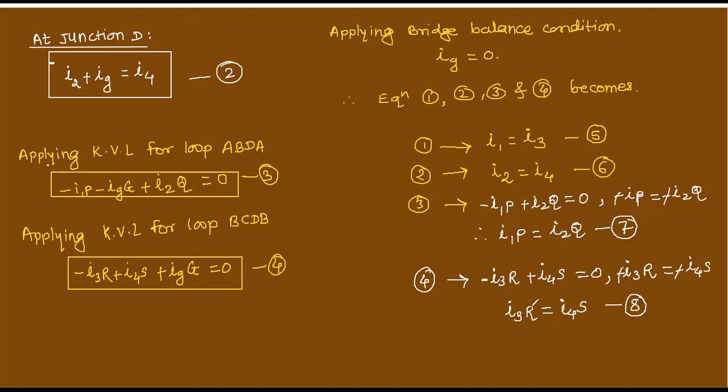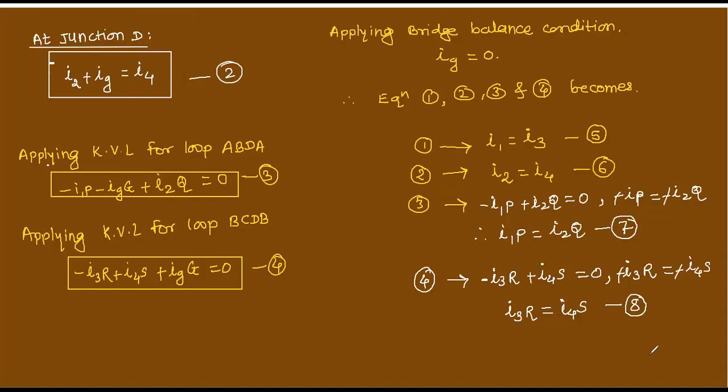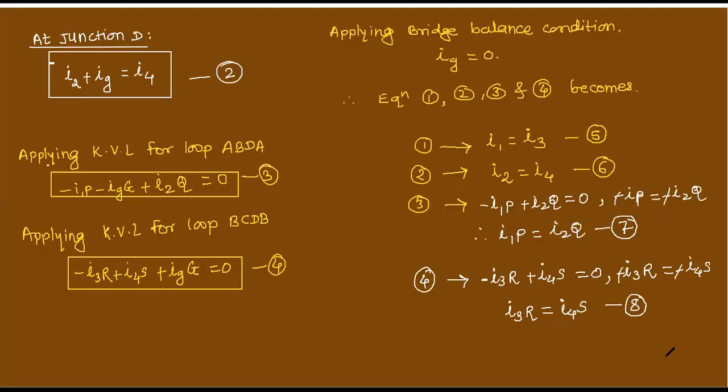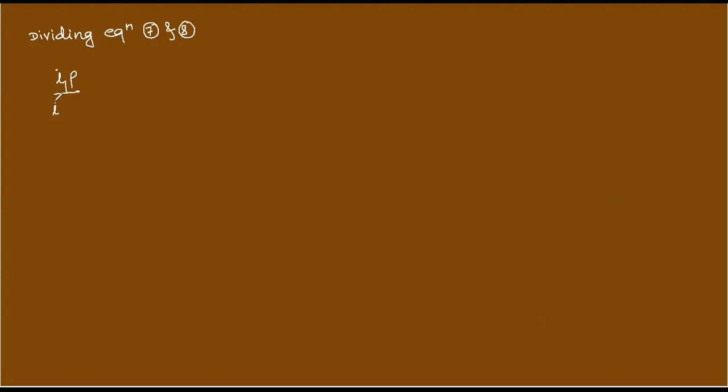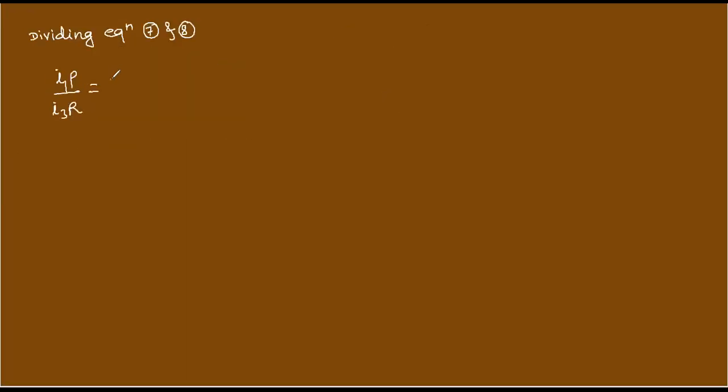I1P is equal to I2Q, divided by this, so I1P divided by this I3R is equal to I2Q divided by I4S.